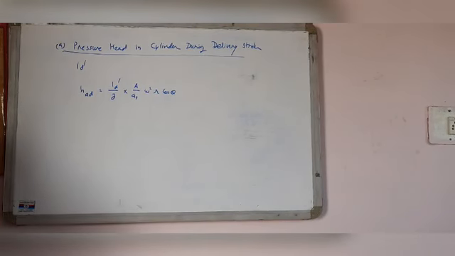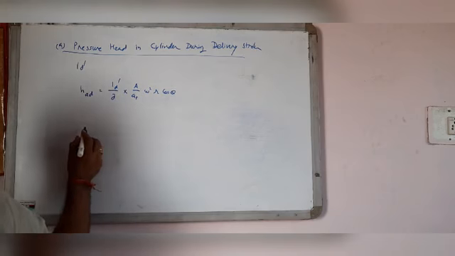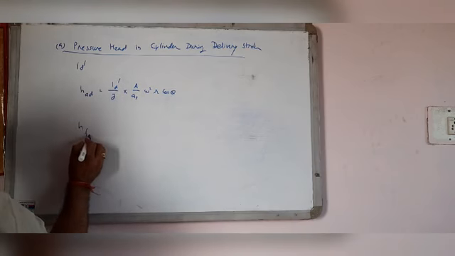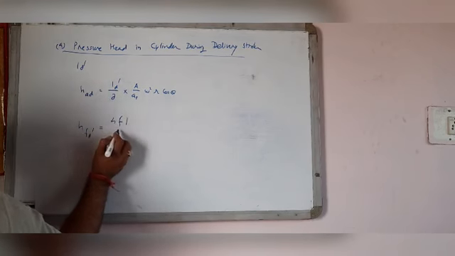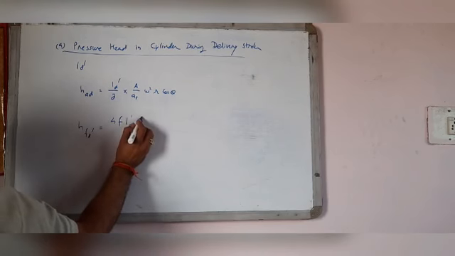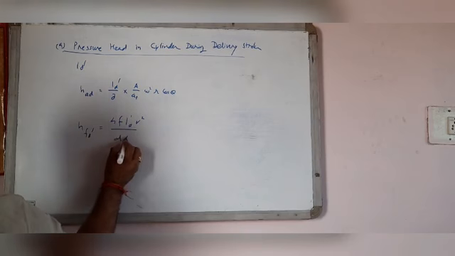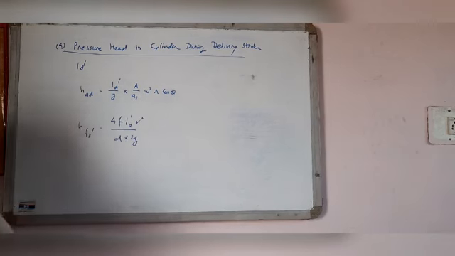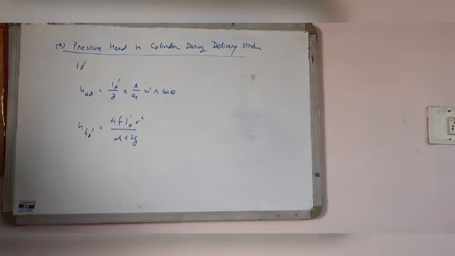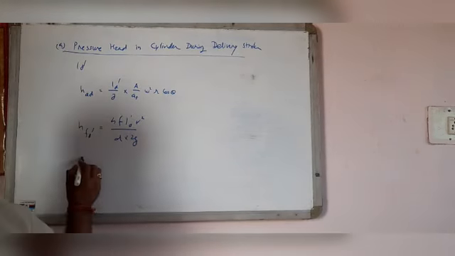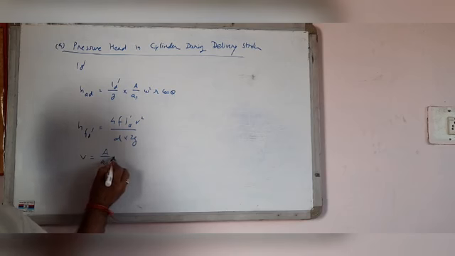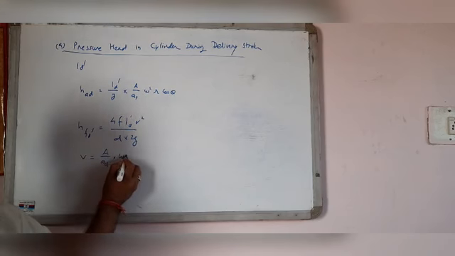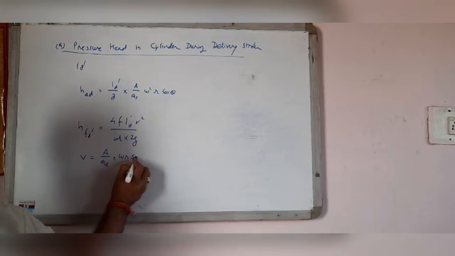Loss of head due to friction in delivery pipe for length LD dash is given as HFD dash equal to 4 f LD dash V square by D into 2g, where for delivery pipe V equal to A by AD omega r sin theta.